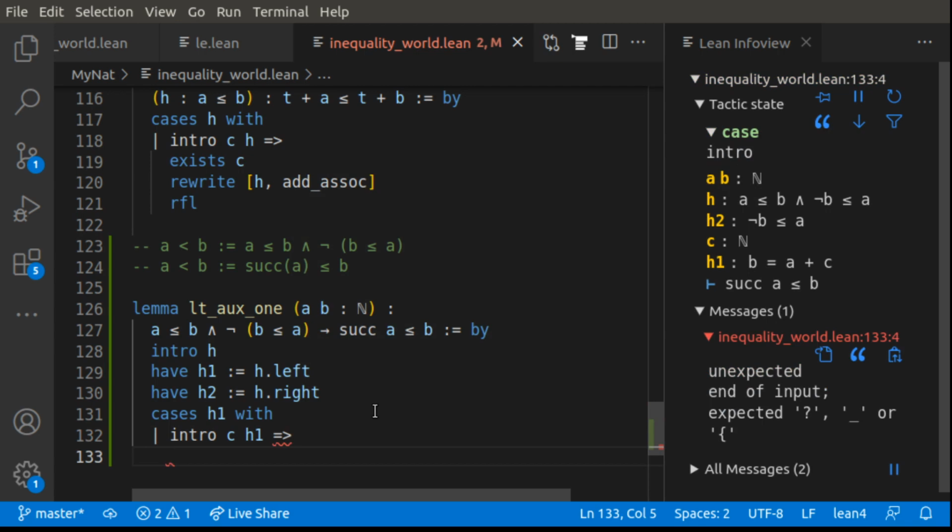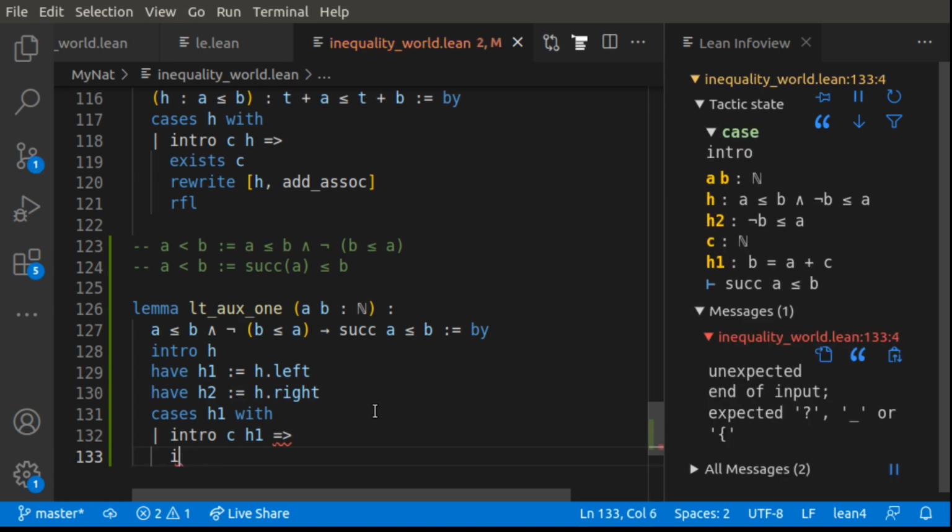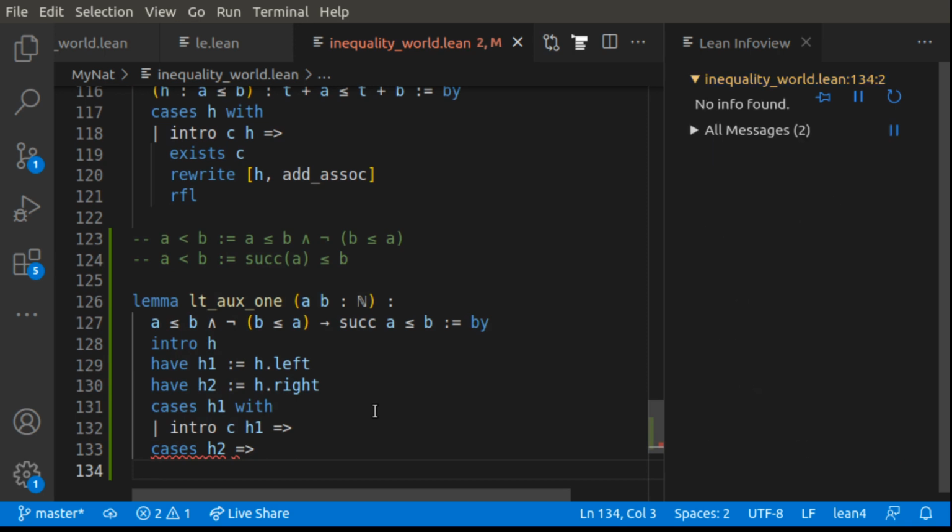B equals c plus a. Nice. Can we do cases on h2? Intro c prime h2. Does that work?